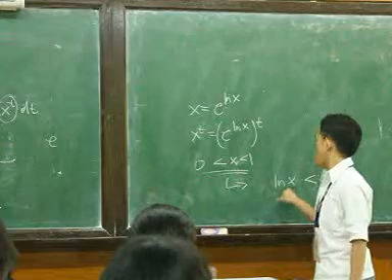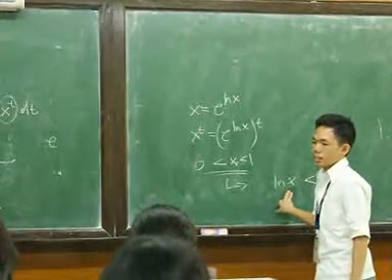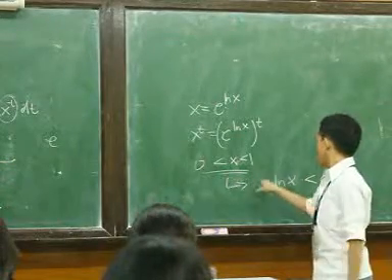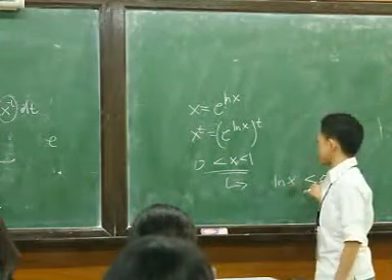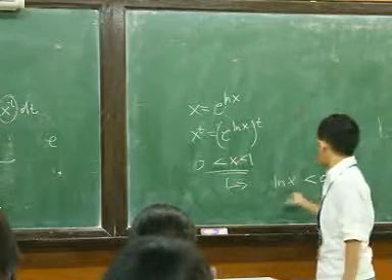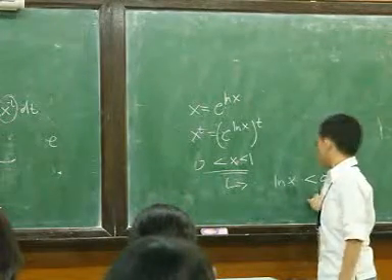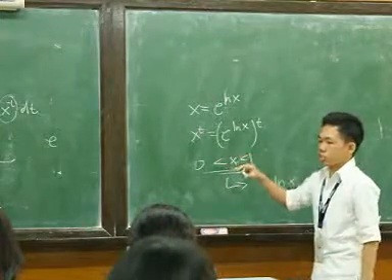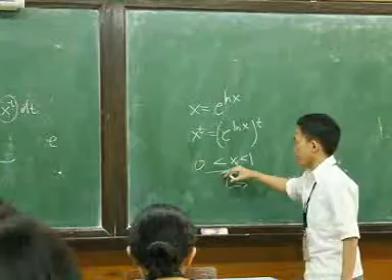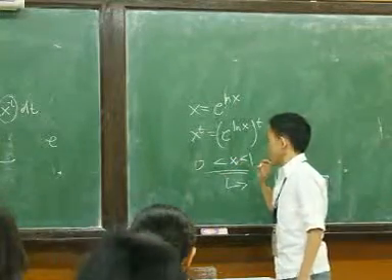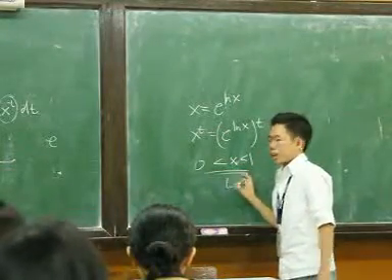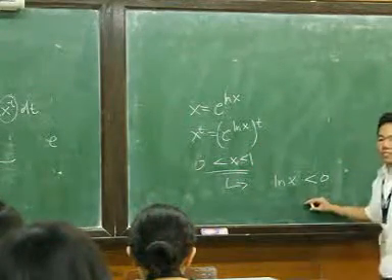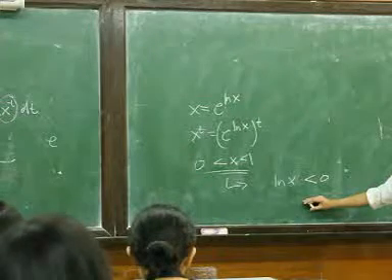But if you get ln 1, then it becomes 0. Because we want the function to be convergent, we need to have x between the values 0 and 1, and that implies that ln x should be negative. Questions?